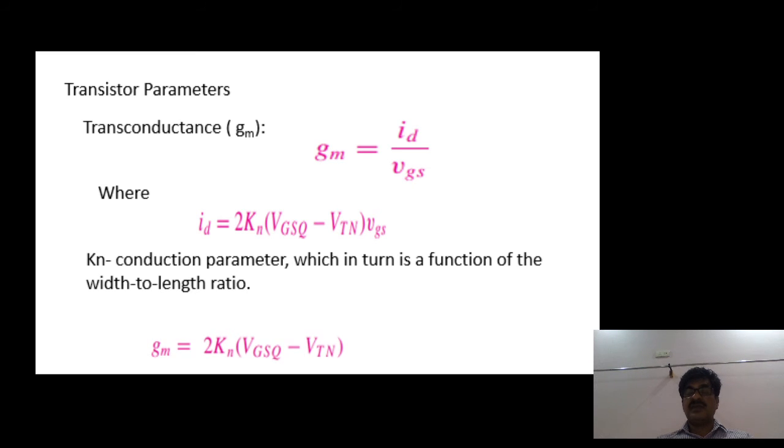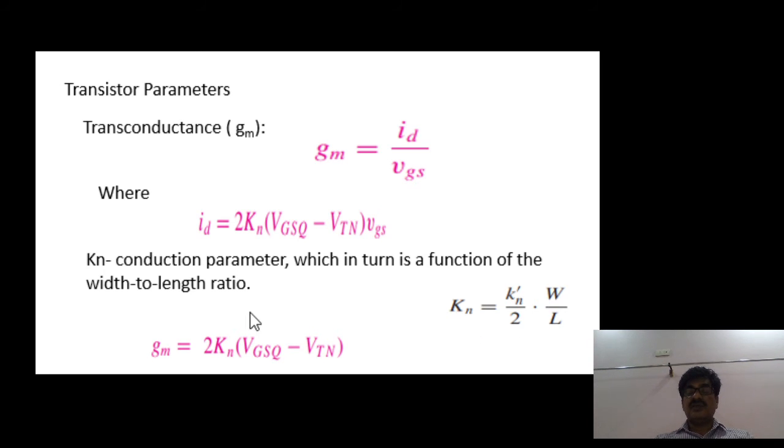Its value is given like this: Kn equals Kn dash divided by 2 into W by L. That is, Kn is in terms of the W by L ratio.